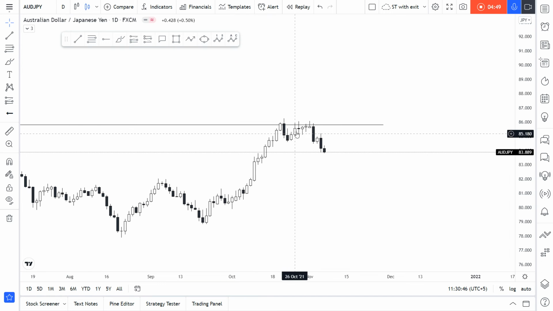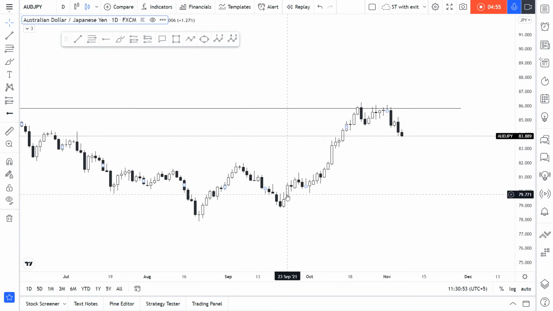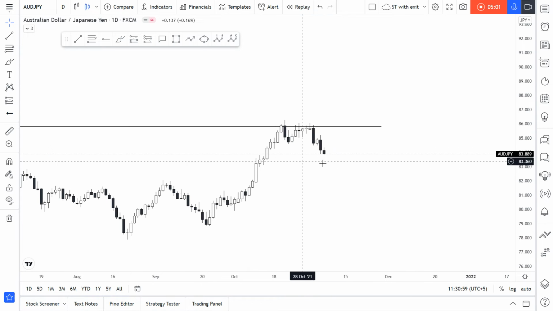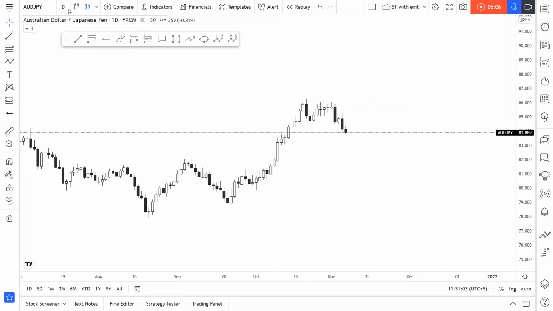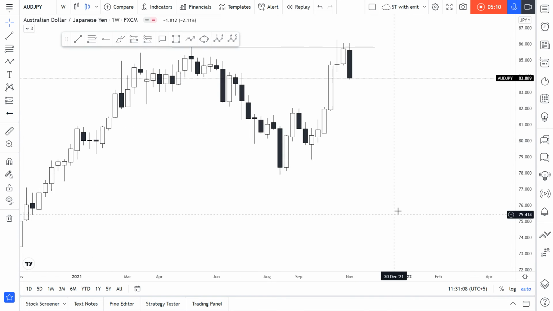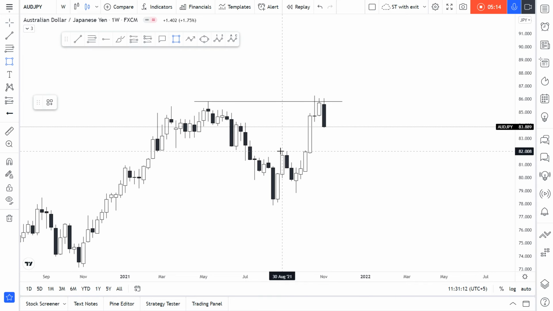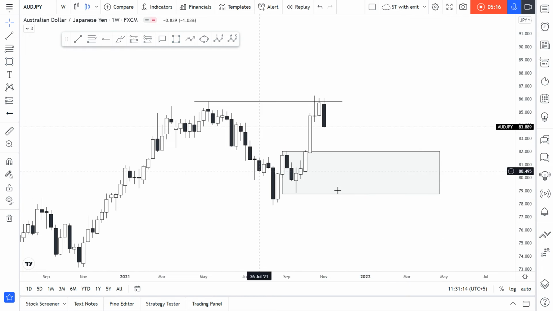AUDJPY and any JPY pairs have a very stable trend, as you can see here. It moves straight with little pullbacks in one direction. So this can be anticipated on AUDJPY as well, because on the weekly, our next potential level is this zone.